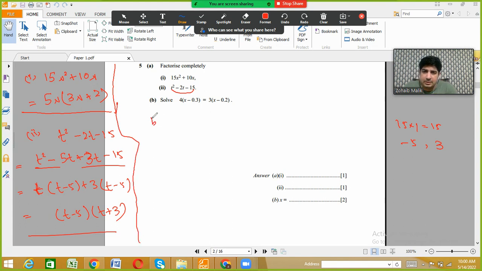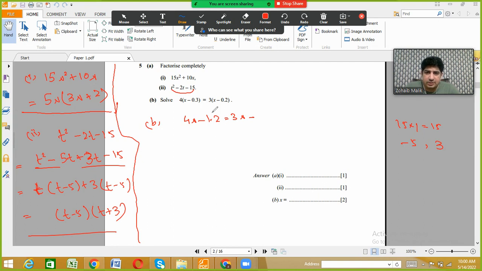Now for B part, this is 4 into 4x minus 0.3 is equal to 3 into x minus 0.2. So we have to simply multiply with the brackets. So this is 4x minus 1.2 is equal to 3x minus 0.6. When you're writing the equal sign, there won't be the equal sign two times in an equation.